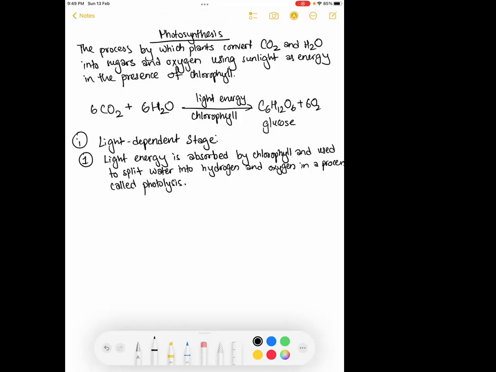This splitting of water is called photolysis, using light energy, of course. If you want to write this down, it will look like this.